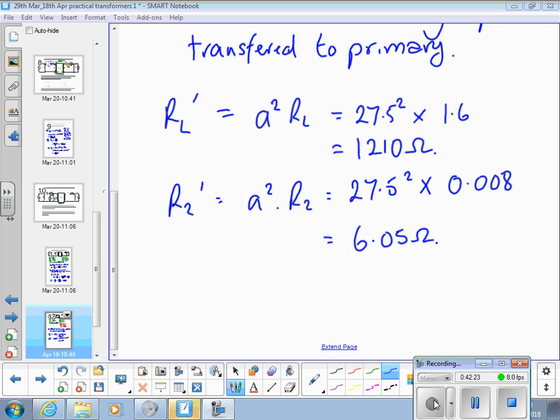And then lastly X2 dash is a squared X2, which is 27.5 squared times 0.03.